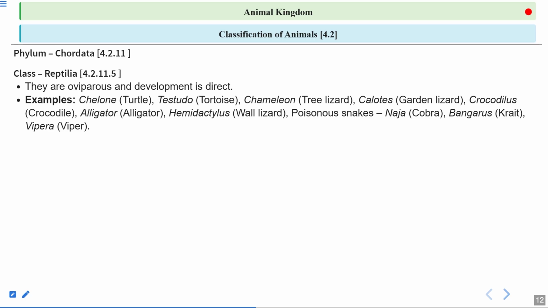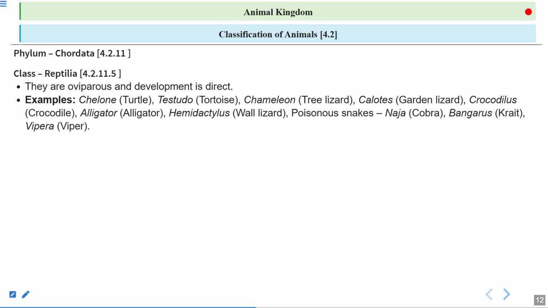Chameleon, tree lizard. Calotes, garden lizard. Crocodilus, crocodile. Alligator, that is also commonly called alligator only. And there is a difference between the crocodile and alligator. The alligator snout is quite long, okay?